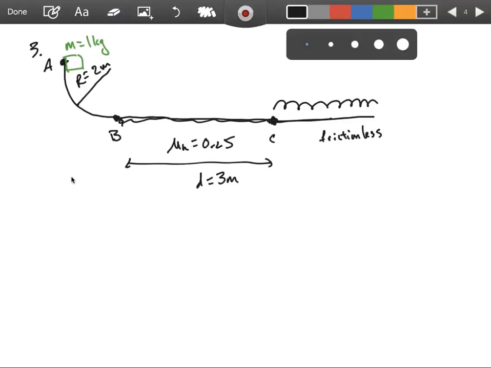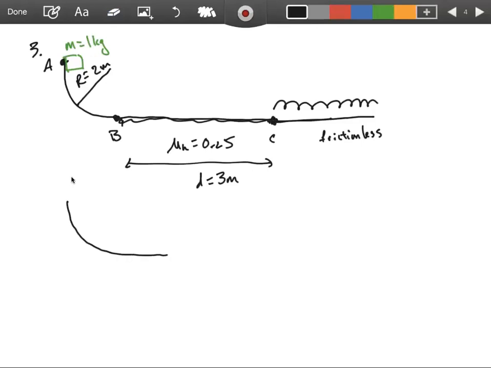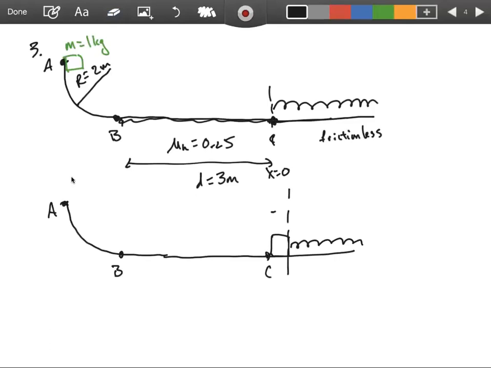So here again is my quarter pipe, there's my B, there's my A again, there's my point C. And then this guy is going to compress the spring, so that by the time it stops here, this will be maximum compression, where this is my x equals 0 location because that's the equilibrium. It is compressed by an amount x, where x is equal to 0.2 meters. So what I want to know from all of this is, what's the spring constant?